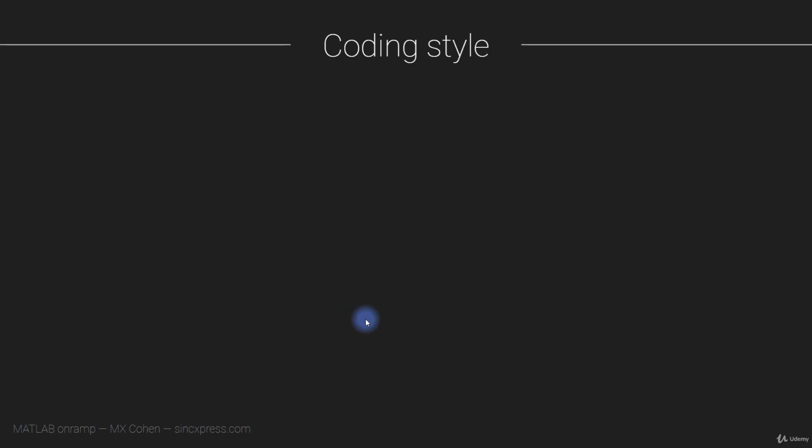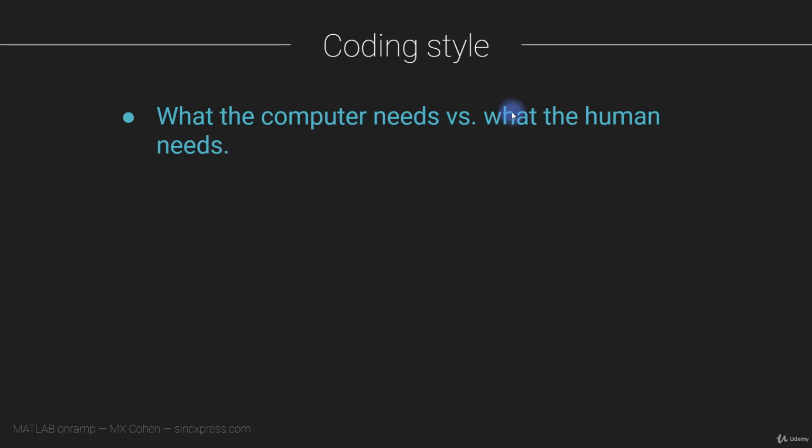So now I want to talk a little bit about coding style. Your programming style is basically the way you program. It's how your code looks, how it flows, and how it is organized overall. I think of it this way. There's a part of programming that the computer needs. The computer needs an organized string of characters that provides a set of instructions.